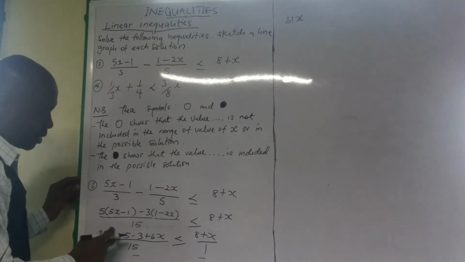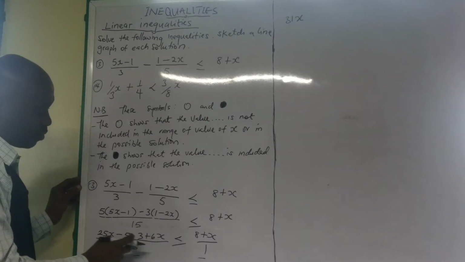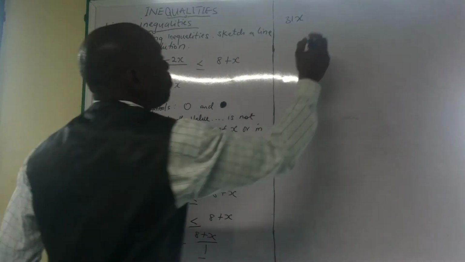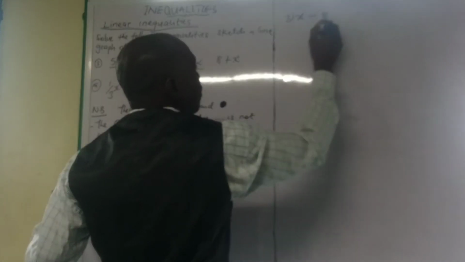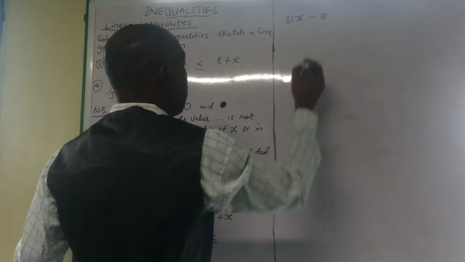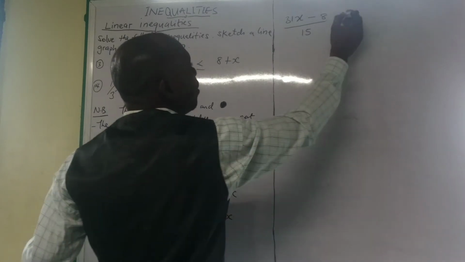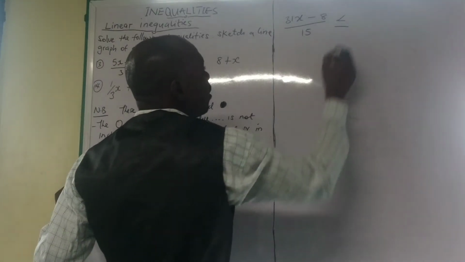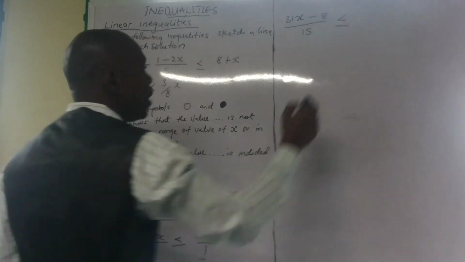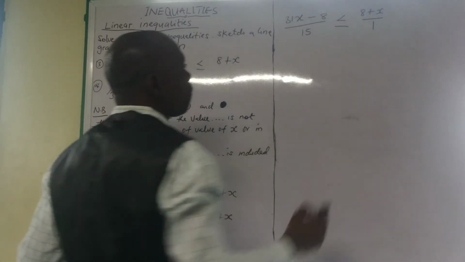Then this and this together, negative gives you minus 8. So 31x minus 8 all over 15, less than or equal to 8 plus x all over 1.